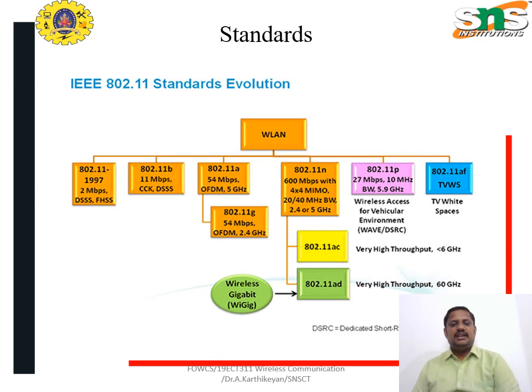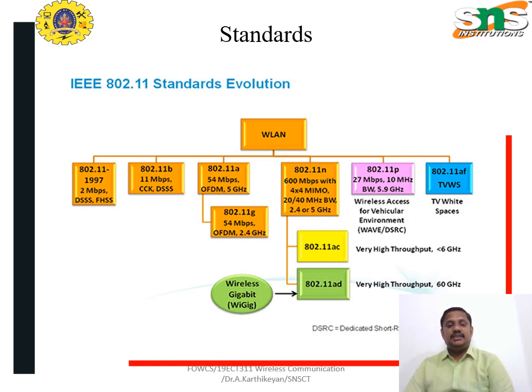And also we have the IEEE 802.11 evolution. IEEE 802.11 in 1997 had a 2 Mbps data rate. Then 802.11b has an 11 Mbps data rate, and 802.11a has a 54 Mbps rate. So it is 2 Mbps in 1997, then 11 Mbps, and then 54 Mbps, with the 5 GHz range, a huge data rate.